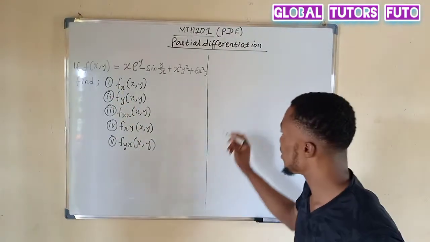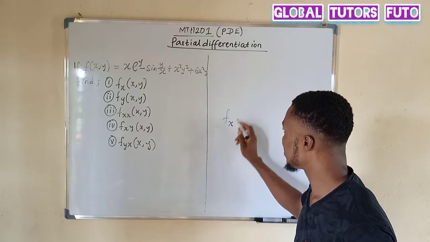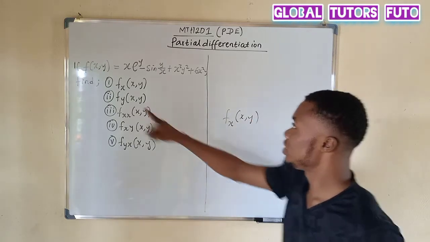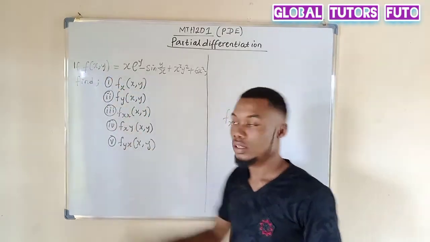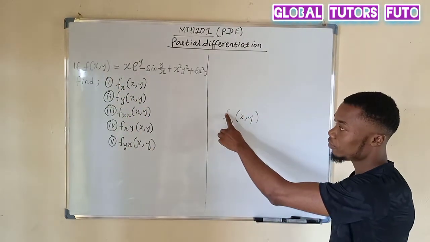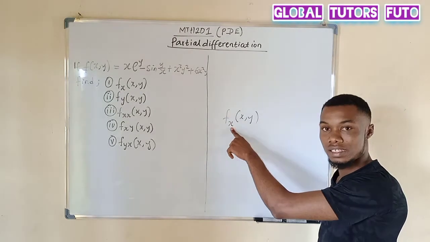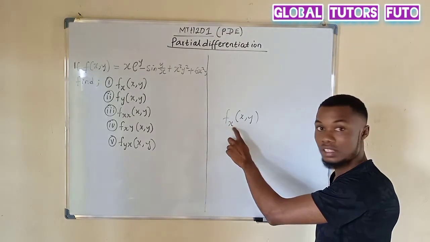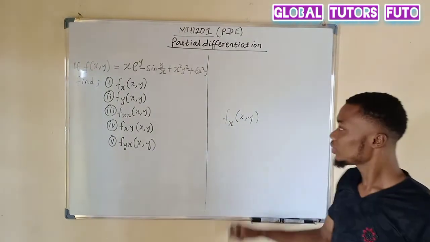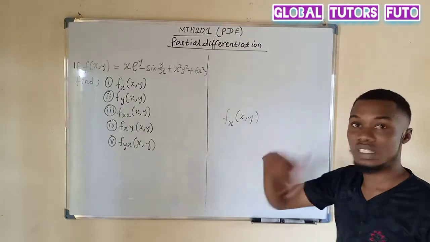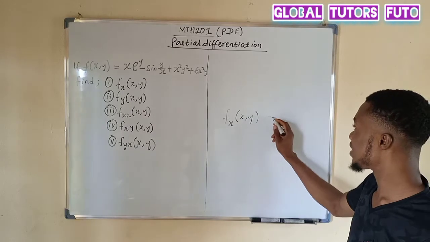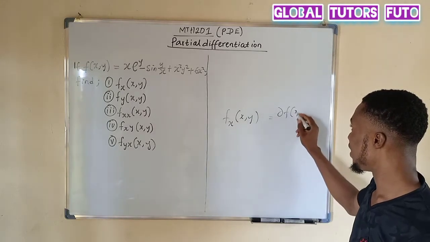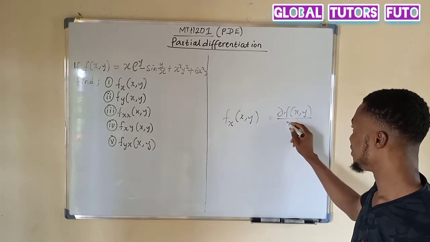Now if you have f sub x, know that this is a function of two variables, x and what? Y. Now if you have f subscript x, okay, it has a subscript, this is a sub. Now this thing means that this function was differentiated partially with respect to what? X. So you can still write this as d of f of x comma y with respect to x.